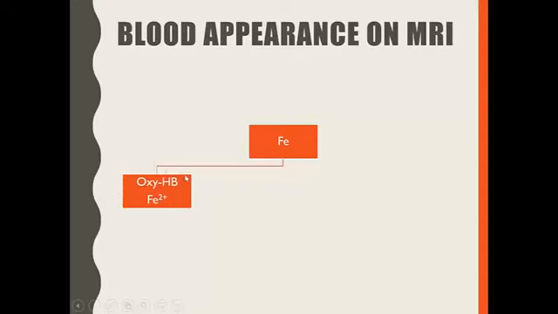For example, oxyhemoglobin, which is hemoglobin attached to oxygen, and the iron atom will be in the ferrous state. At this state, the iron has no unpaired electron at its outer shell. So this compound is diamagnetic, which doesn't affect the magnetic field.